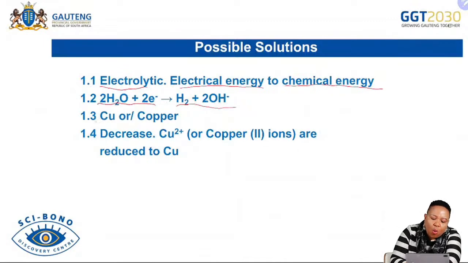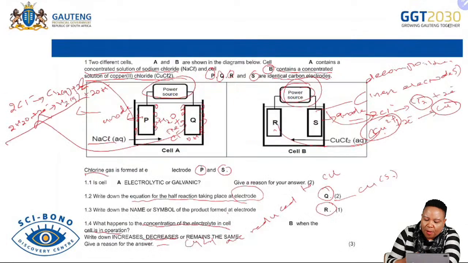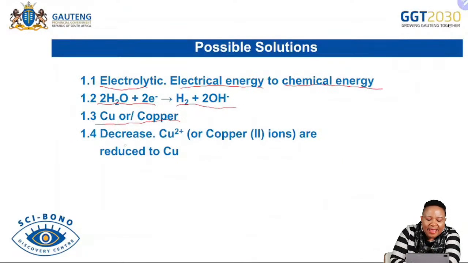And at electrode R, where we are doing the decomposition of copper, copper is going to be formed, or a brown substance, to show that copper is formed. And the concentration of the electrolyte decreases because the copper 2+ ions are reduced to copper.